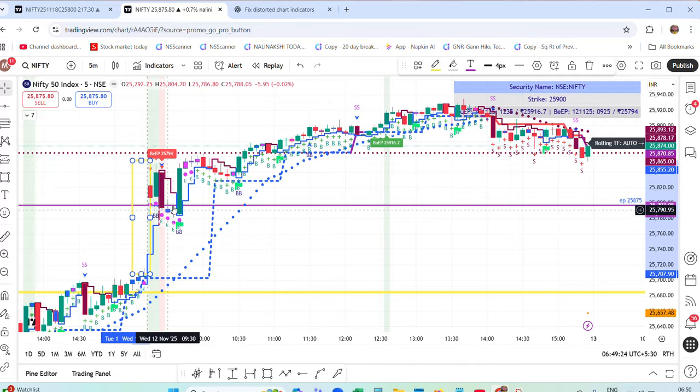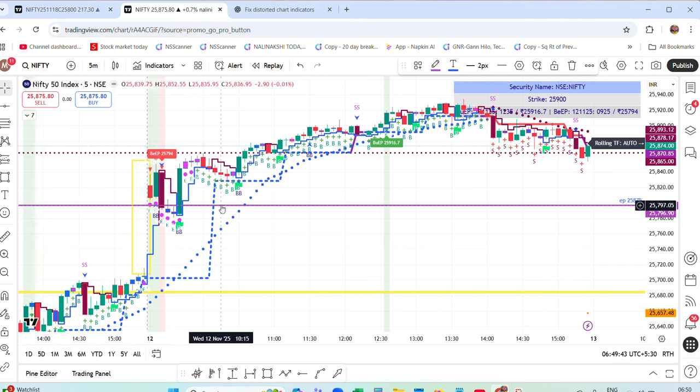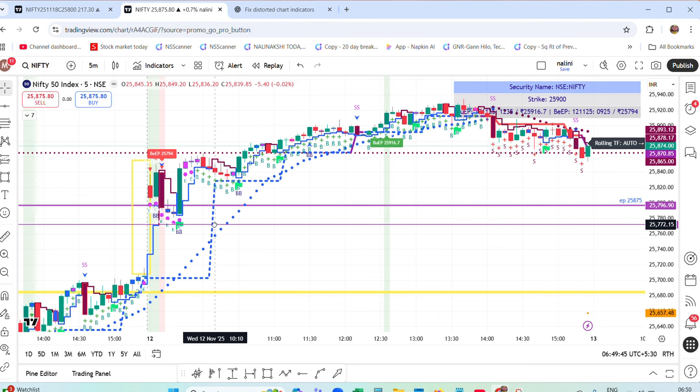It has gone below this, and even though this is bullish, it may continue as a negative trend in this candle. The candle is at 25,796, the EP suggested was 25,794.